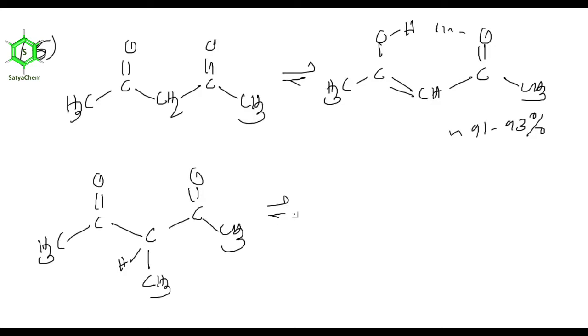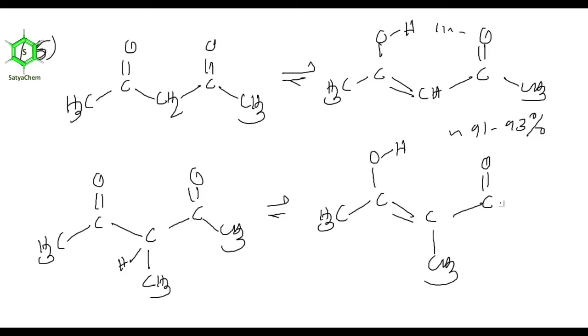In that case the enol content drastically decreases. This is the intramolecular hydrogen bonding. Here the enol content is about 42% in gas phase.